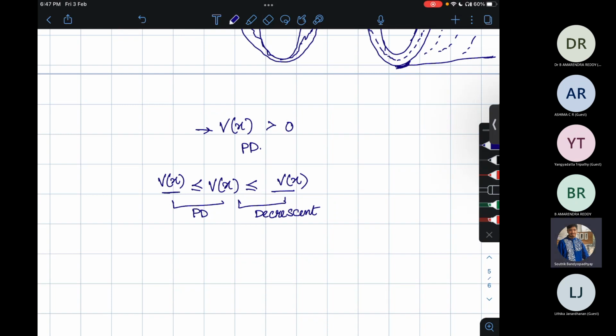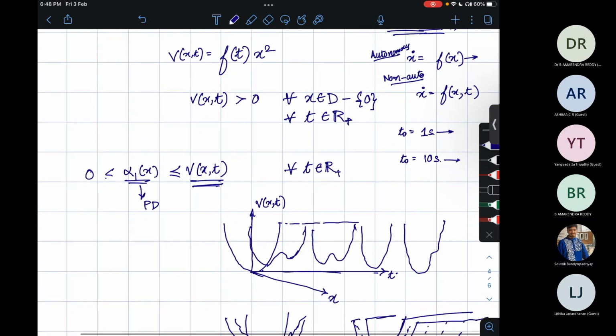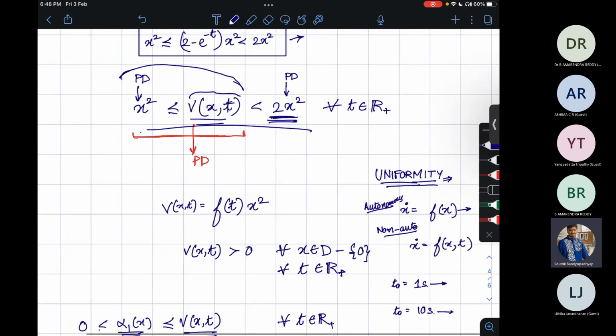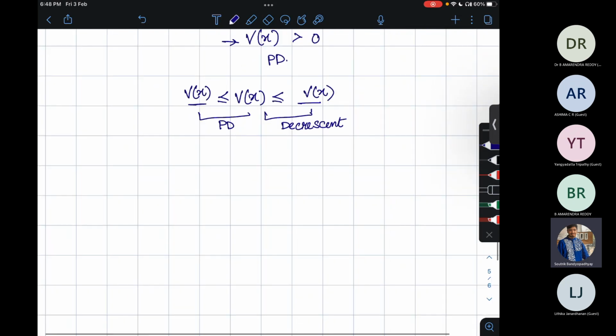So there is no need to mention this boundedness in the Lyapunov functions which don't depend on time. But if they depend on time, then you must have this boundedness, right? So there are two cases there as well.